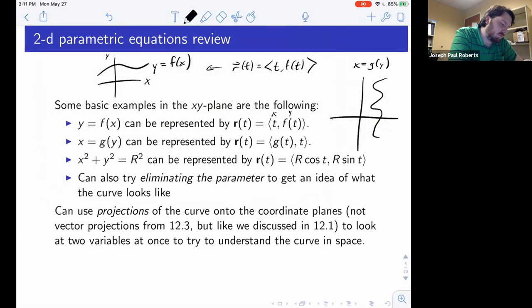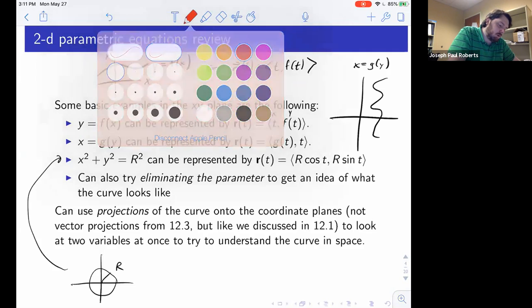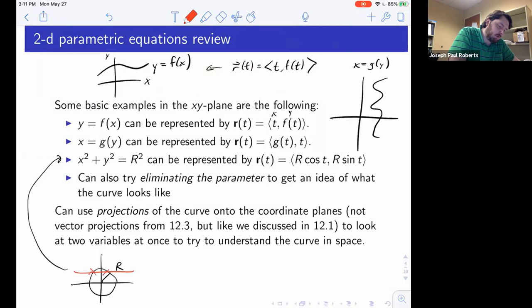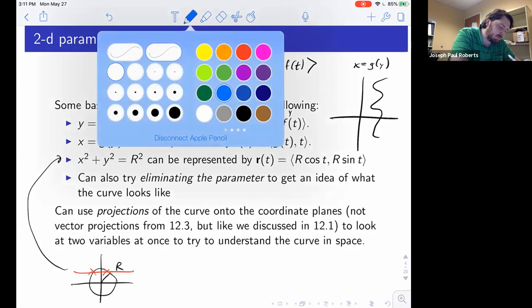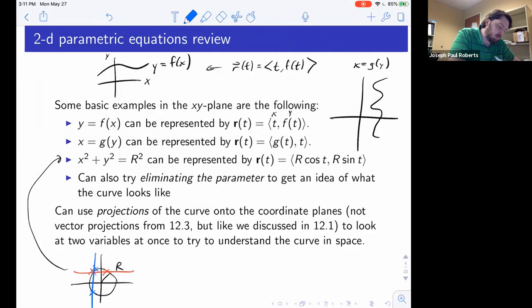And then if you think about a circle of radius r, let's say, centered at the origin, let's try to draw that a little bit better. The issue with the circle is that it fails both the horizontal line test and the vertical line test. So if you wanted y in terms of x, if you solve for y in this equation, you'd get that y is plus or minus the square root of r squared minus x squared.